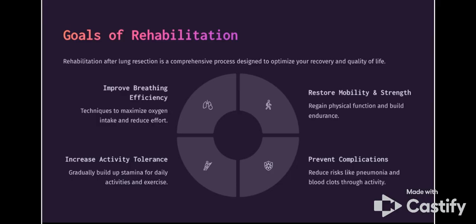Rehabilitation is designed to improve breathing efficiency, restore strength and mobility, prevent complications such as pneumonia or blood clots, and increase overall activity tolerance. It takes a whole-body approach and prepares patients to return to daily life.